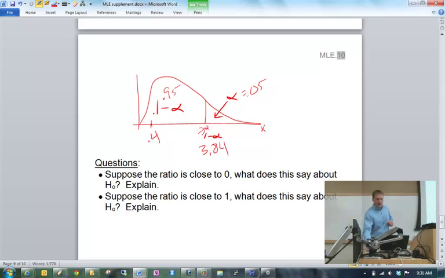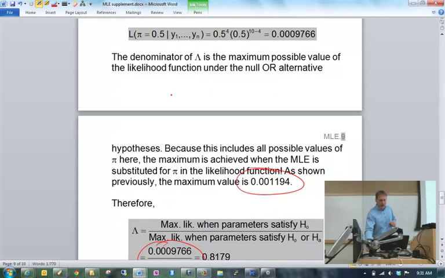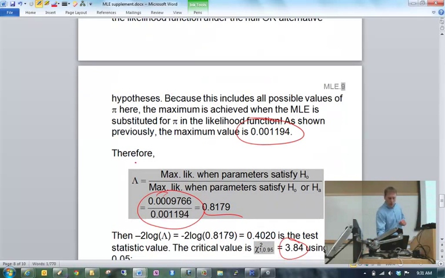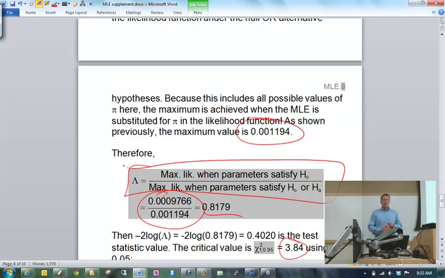So when I'm taking this ratio, if it is close to 1, that says the maximum possible value of the likelihood function when the parameters satisfy H0 is very close to the maximum possible value of the likelihood function when the parameters satisfy either H0 or HA. So it sounds like what you're saying in H0 is very plausible, because when you don't have that H0 restriction, you're getting about the same likelihood function. So lambda will be close to 1.